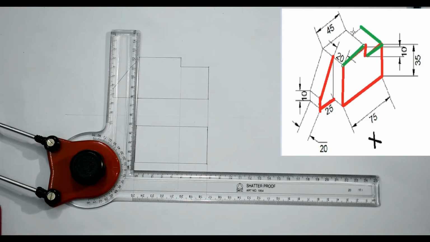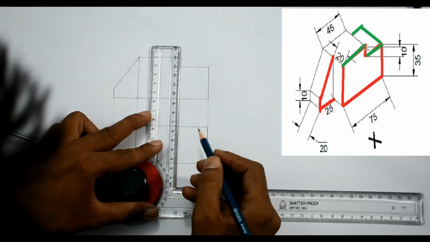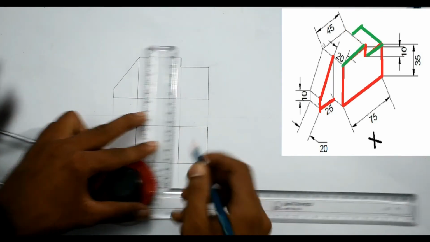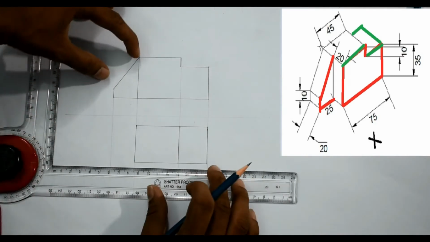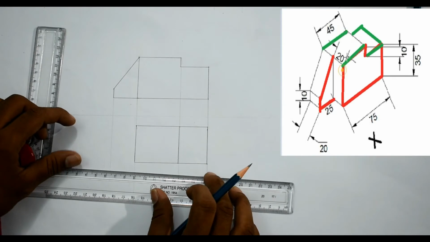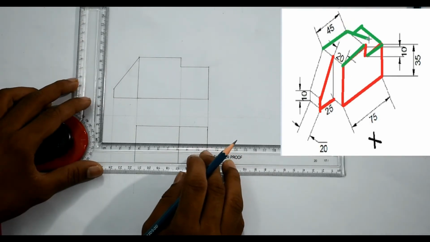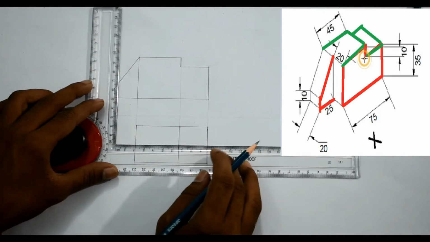So I have completed this figure, but still the figure is not completed. We have to also draw the small rectangle appearing because of this slant face, which will appear this side, and the width of it is 20 mm.